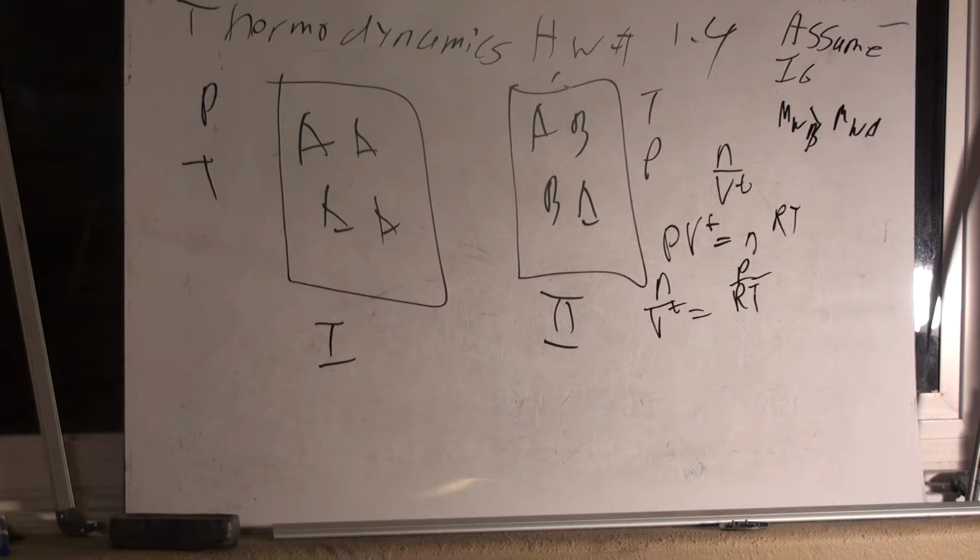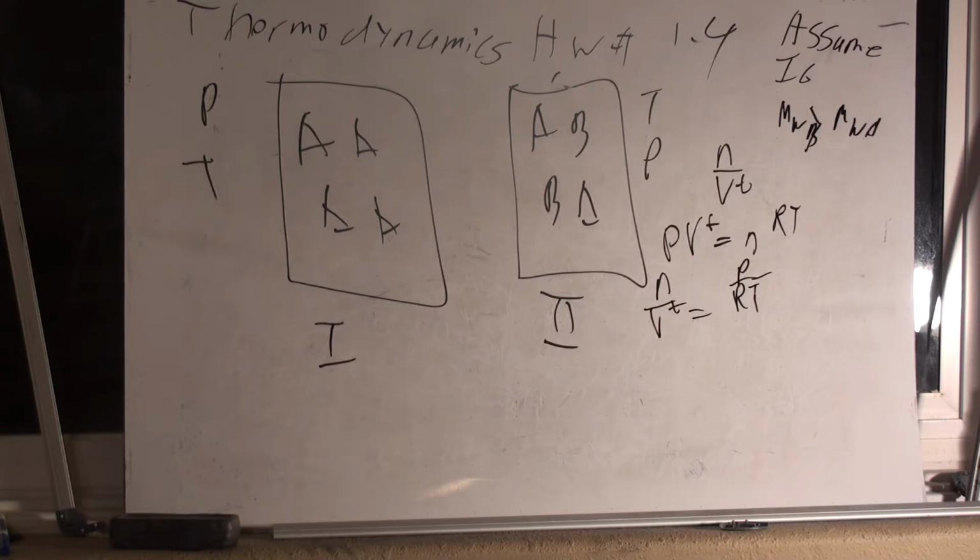And you might say, there's A's in that one, there's B's in that one. It doesn't matter, because how do we define an ideal gas? No interactions, no attractions, no repulsions. Every molecule in an ideal gas thinks it's the only thing in the universe. It's all by itself. It owns the universe. And so that A, in terms of that 1 mole of A, has all this volume to it, and it's not sharing it with nobody.